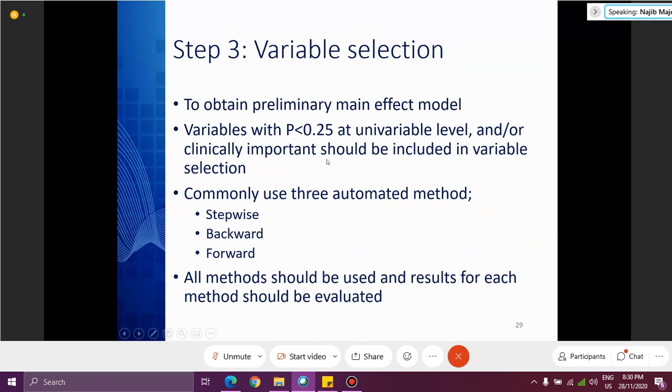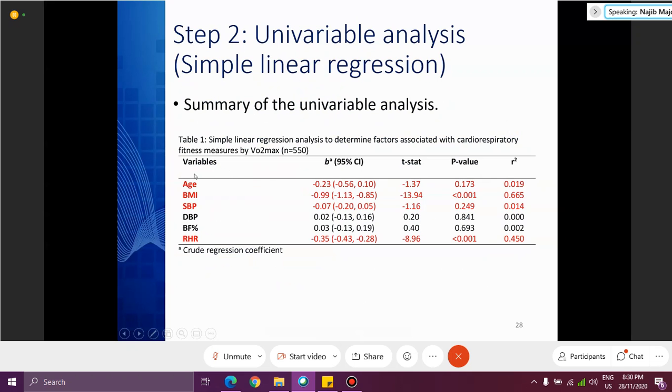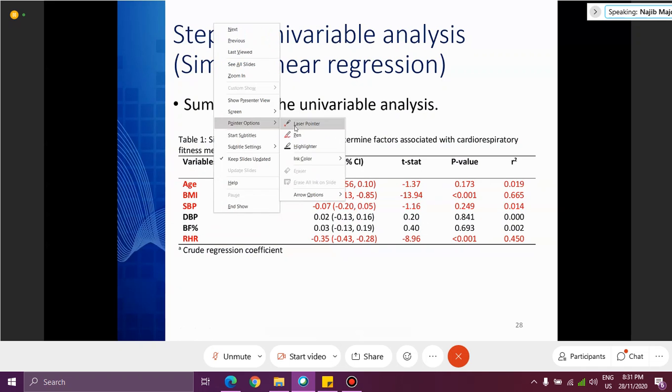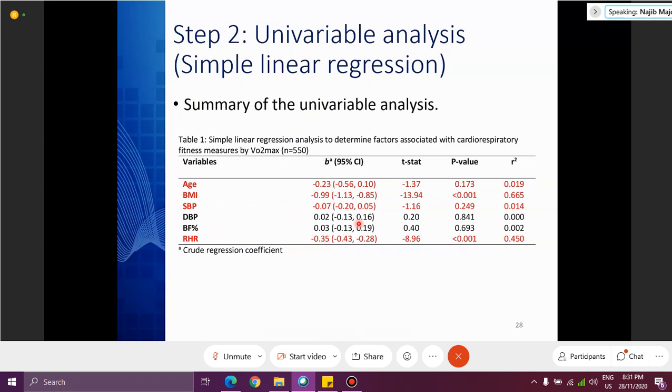So you can include variables with p of less than 0.25 or any other variables which you think are important, right? Regardless of p-value, if you think that this variable needs to be included in multivariable analysis, then you can include it as well.